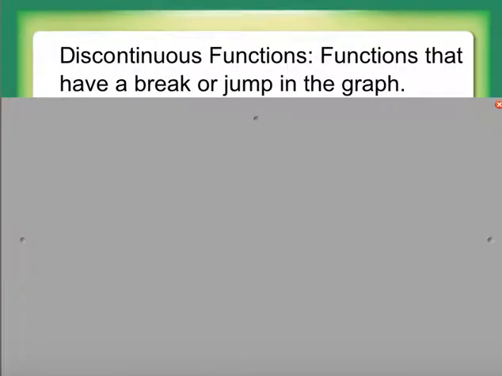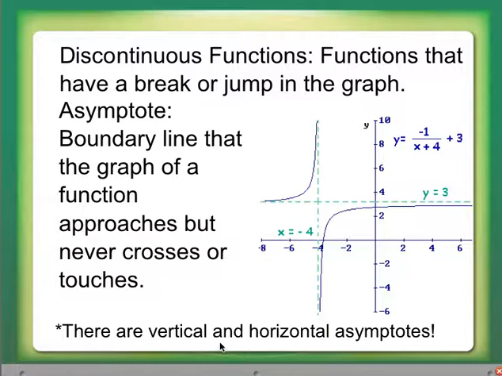Now, how this helps us is that when we have these discontinuous functions, we see graphs like this. So this is the graph of y equals negative 1 over x plus 4, plus 3. And when we look at those asymptotes, the horizontal and vertical dashed lines there, we see some connection to our equation. Especially when we look at the vertical asymptote, x equals negative 4.